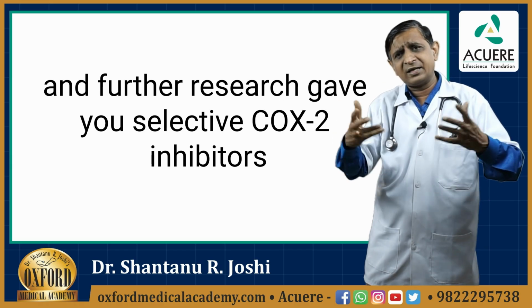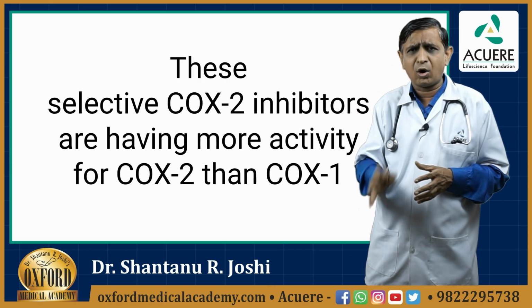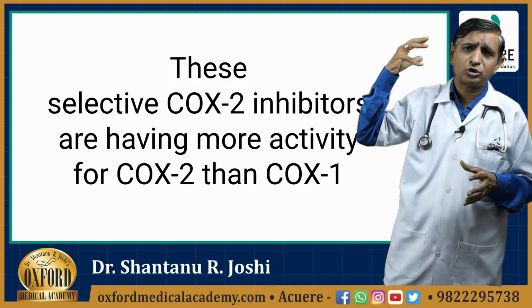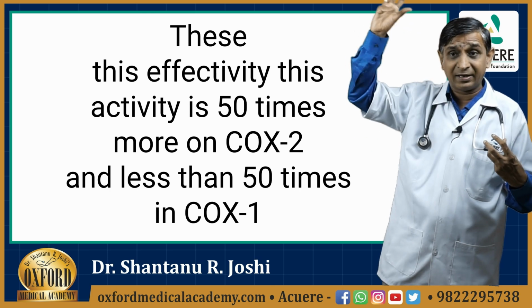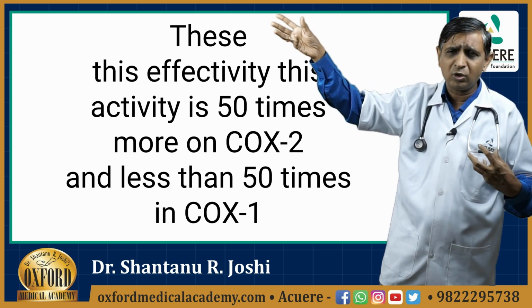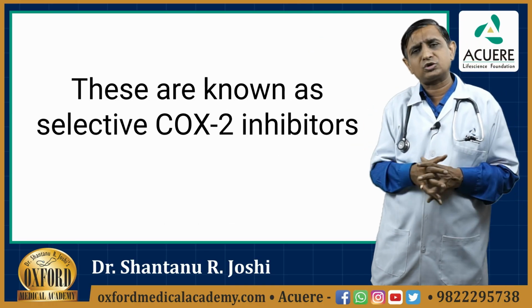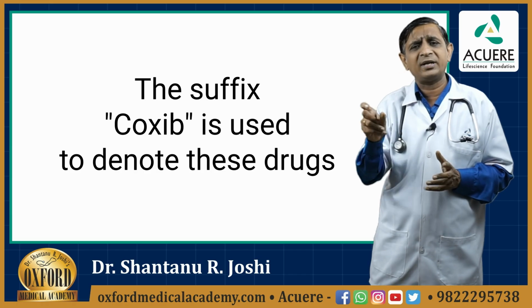And further research gave us selective COX-2 inhibitors. These selective COX-2 inhibitors have more activity for COX-2 than COX-1, and this activity is more than 50 times on COX-2 and less than 50 times on COX-1. These are known as selective COX-2 inhibitors. The suffix COXIB is used to denote these drugs.